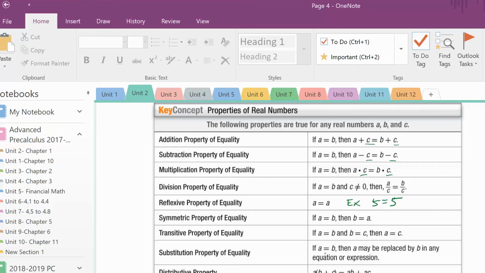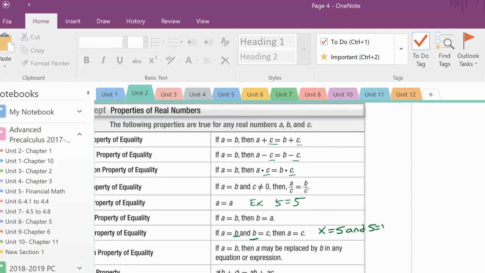And then the transitive property says if a equals b and b equals c, so notice b is in the middle there, then a is equal to c. For example, if x equals 5 and 5 equals y, then x equals y, right? Because they're both equal to 5. That's transitive.